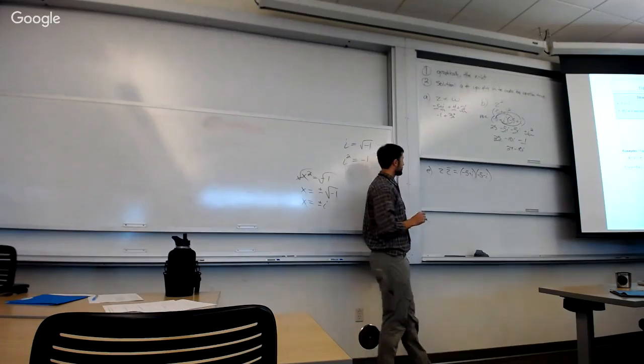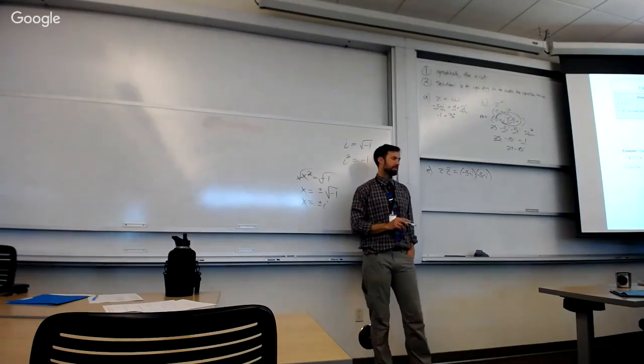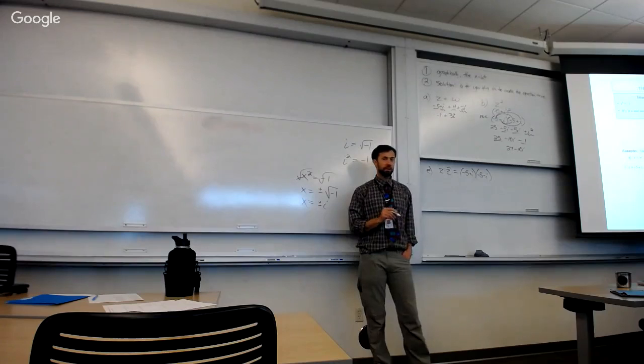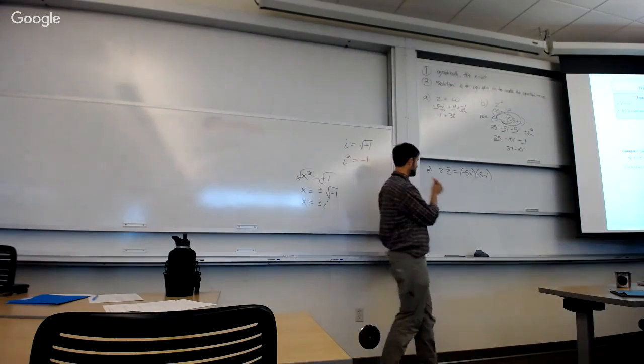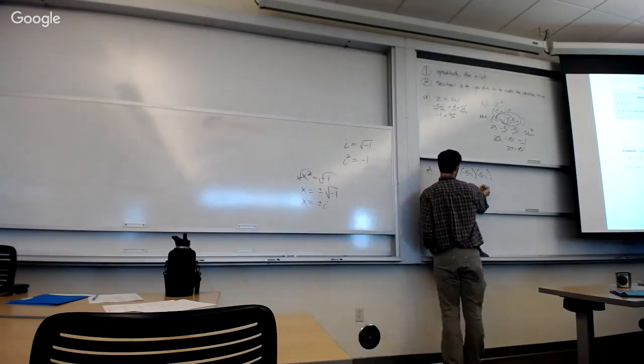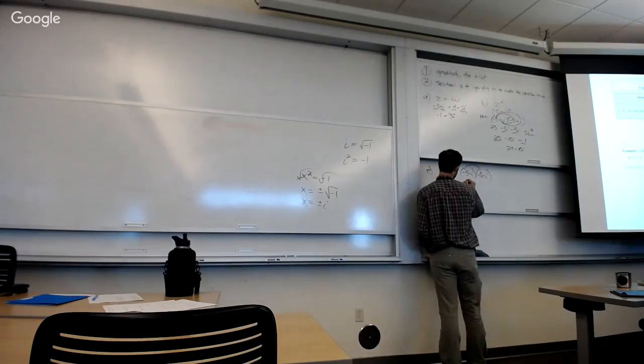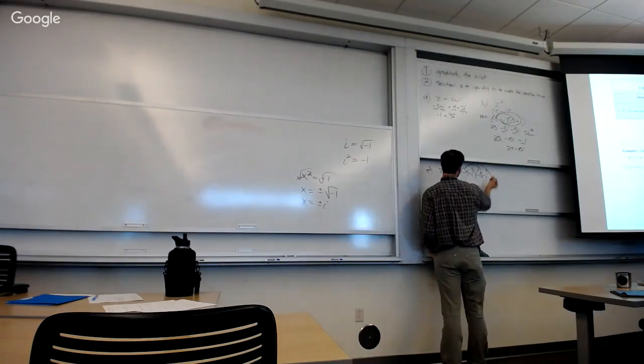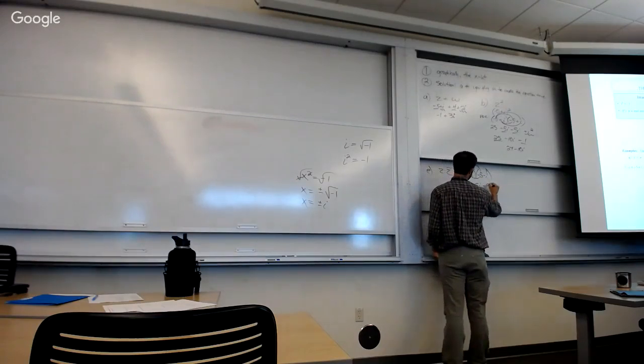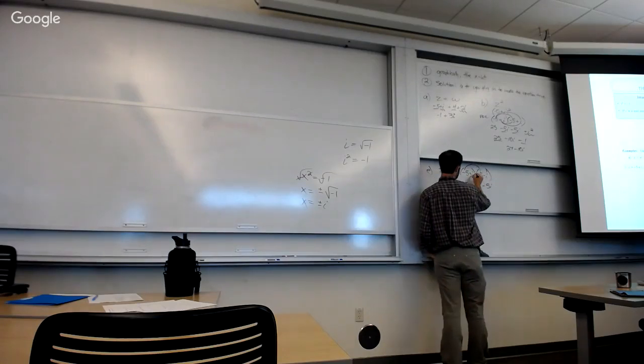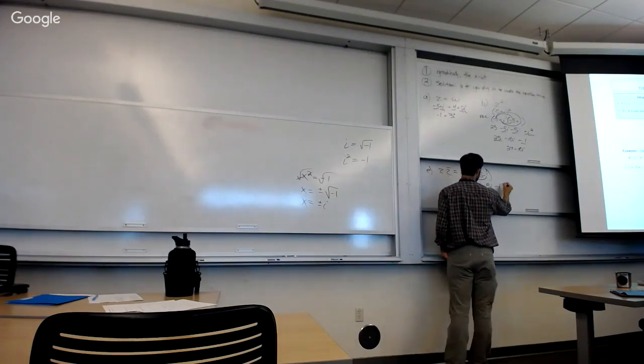So let's try it. We FOIL. So first, negative 5 times negative 5 is positive 25. Outer, negative 5 times negative i is positive 5i. Inner, i times negative 5 is minus 5i. And then last, positive i times negative i is negative i squared.